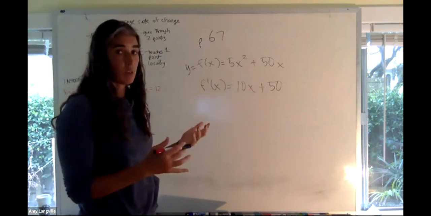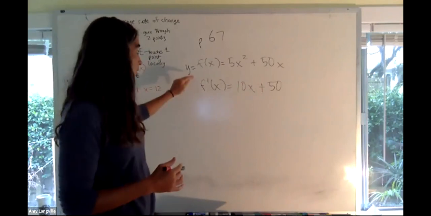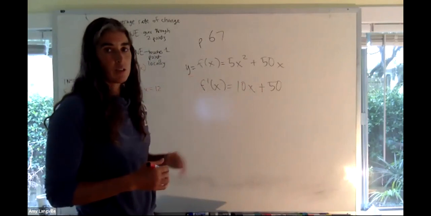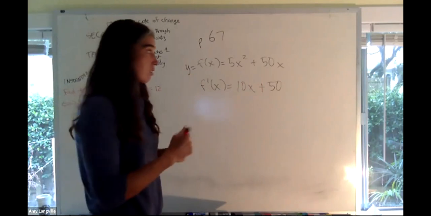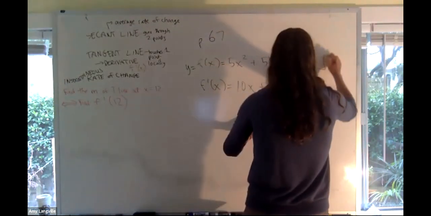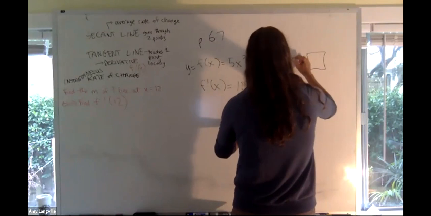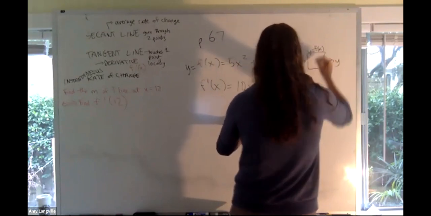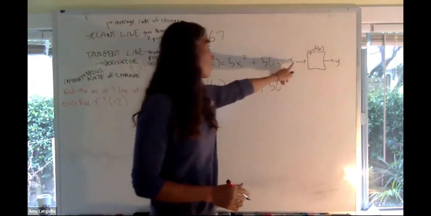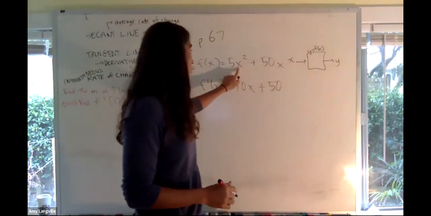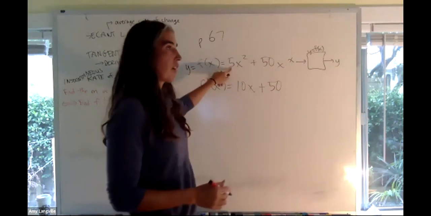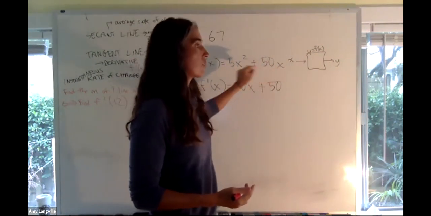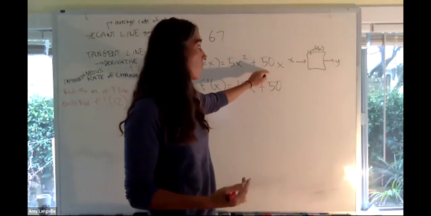So I just want to make sure we understand the difference between f and f prime. For the function, you input an x, so maybe let's do a little function box. x comes in, it spits out a y, it does whatever the rule tells it. In this case, if you sent in x equals 1, it would take 1 and square it, multiply by 5, that's 5, plus 50 times 1, so 5 plus 50 is 55, it'll spit out.